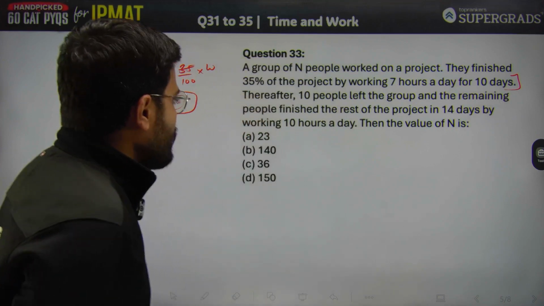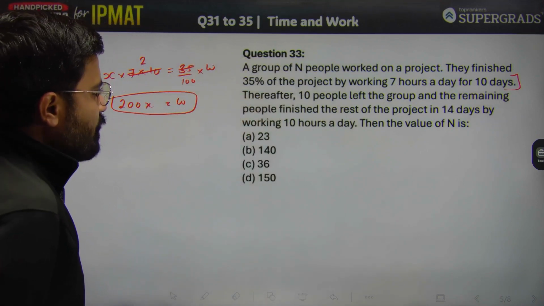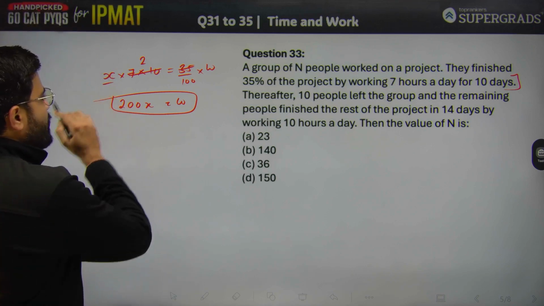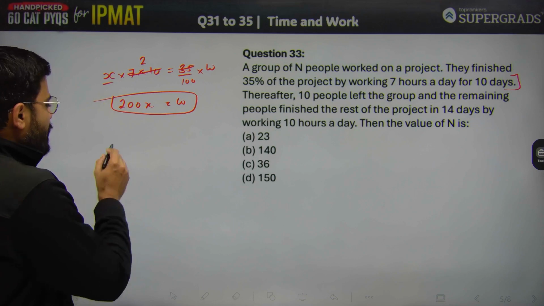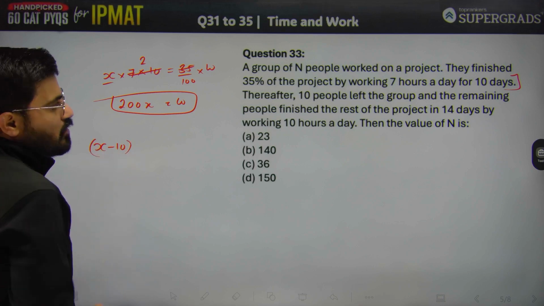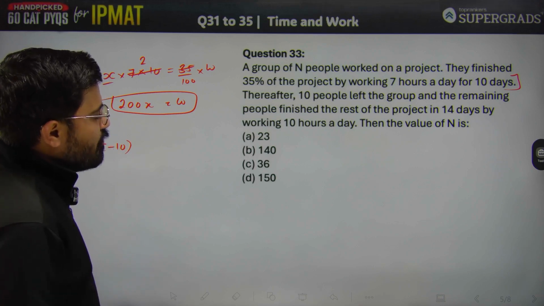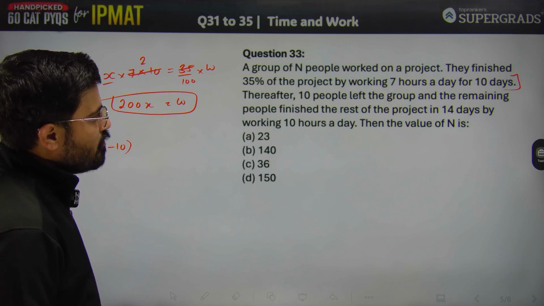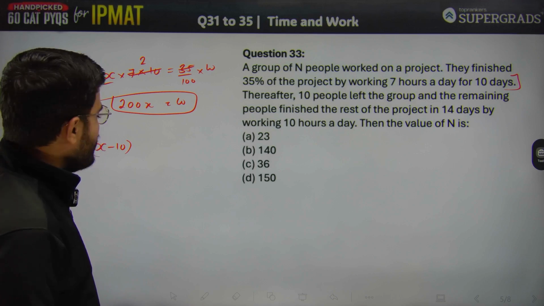Now let's look at what is happening. Thereafter 10 people left the group. Initially x people were working. 10 people left the group, so how many people will be working? x minus 10. And the remaining people finish the rest of the job in 14 days.